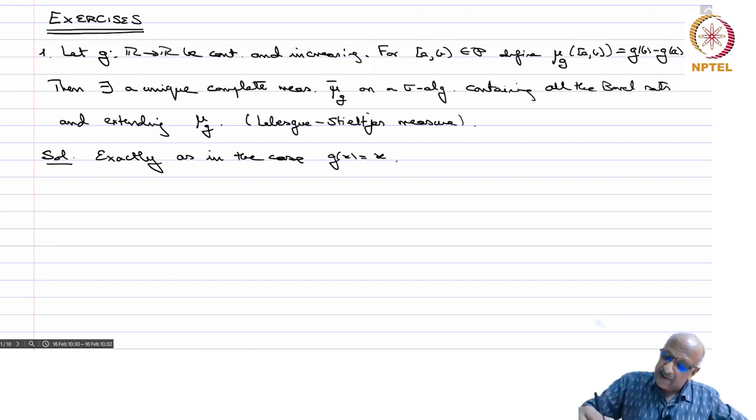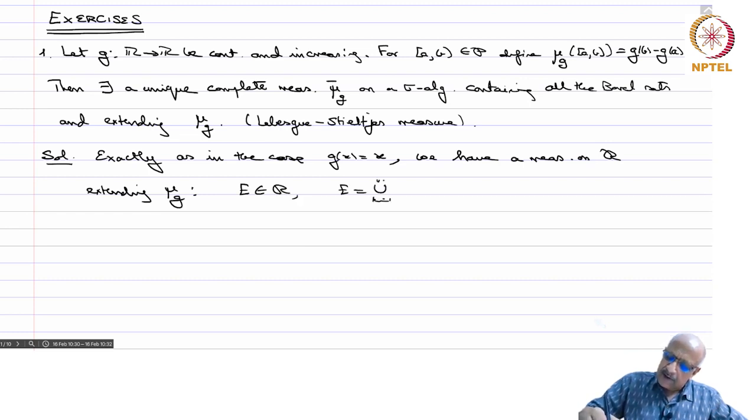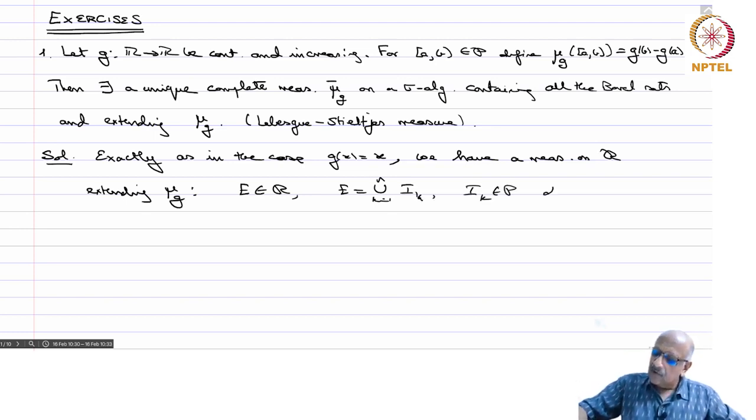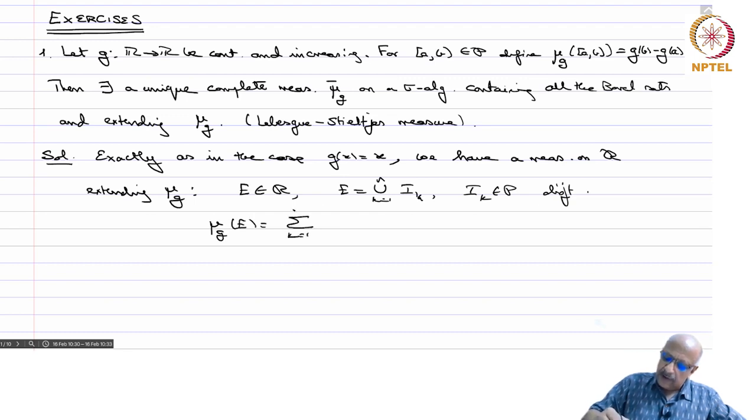Exactly as in the case G(x) equals x, we have a measure on R extending mu G. So if E belongs to R, then E equals the union of I_k, k equals 1 to n, with I_k in P and disjoint. Then you define mu G of E. There's only one way to define this, it is the sum over k equals 1 to n of mu G of I_k.